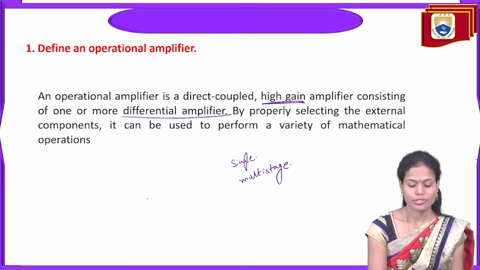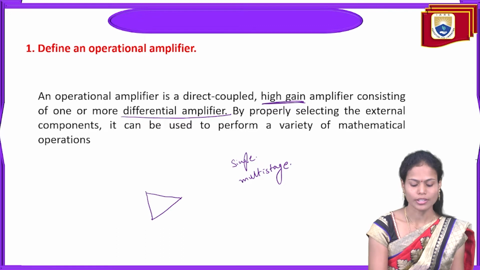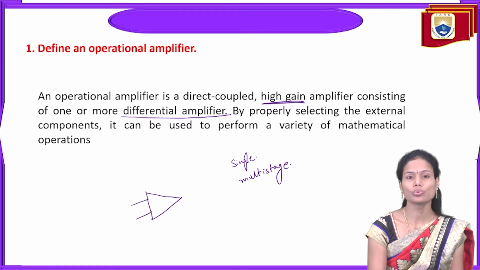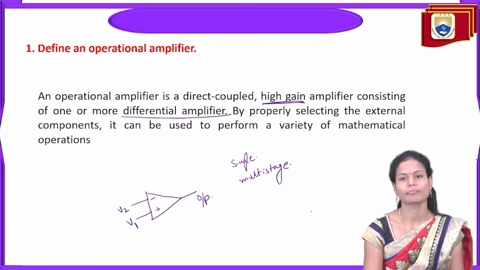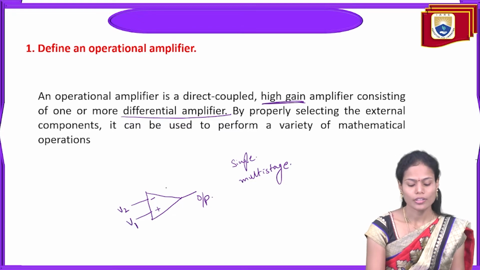The operational amplifier is indicated with a triangle, and it has 2 inputs: one is the inverting input and one is the non-inverting input, and we get the output here. Why do we have 2 input terminals in the operational amplifier?